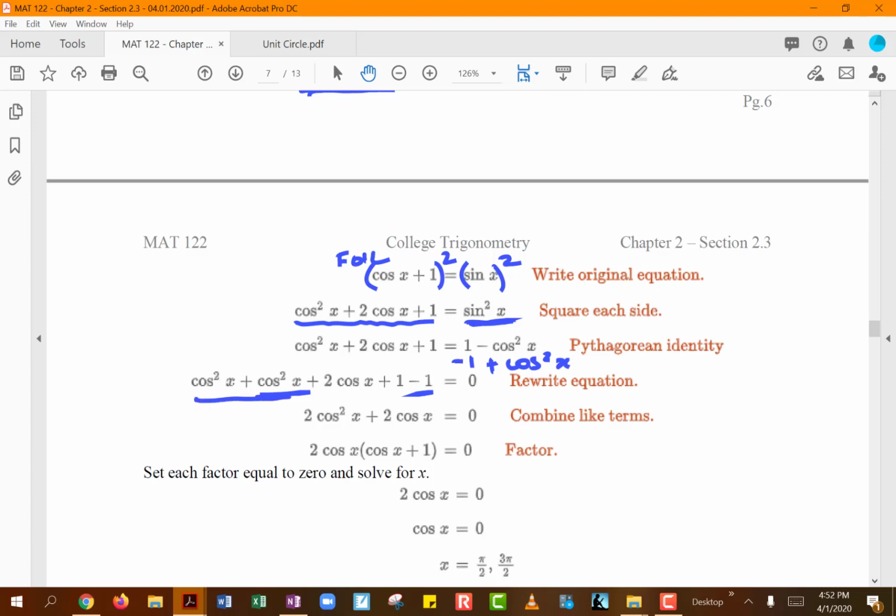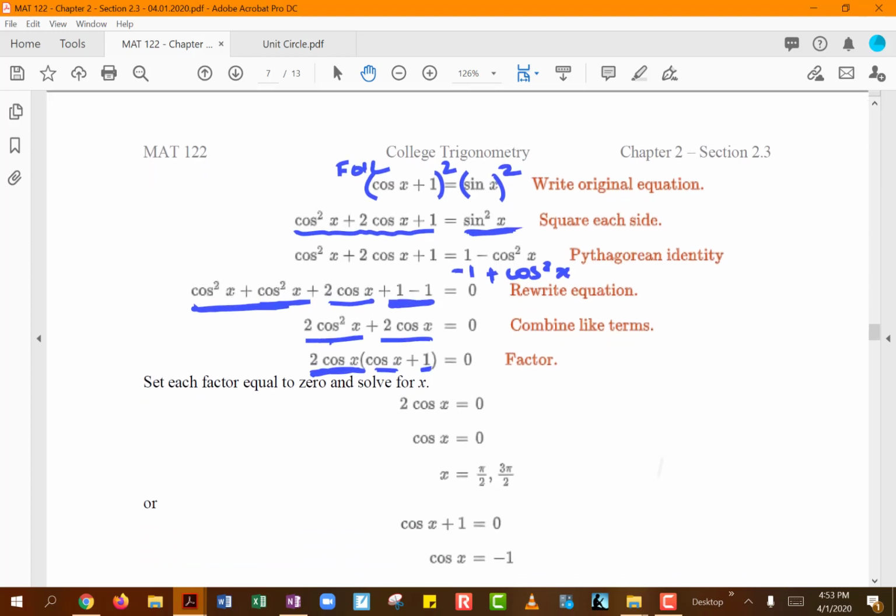So combine like terms, so these add up to 2 cosine squared. This one is staying the same, and then, of course, positive 1 and negative 1 cancel each other out. And then here, since both my terms have a 2 and a cosine in common, we are taking that outside as a greatest common factor, and that leaves you behind with cosine of x, and 1 as a placeholder for the second term.